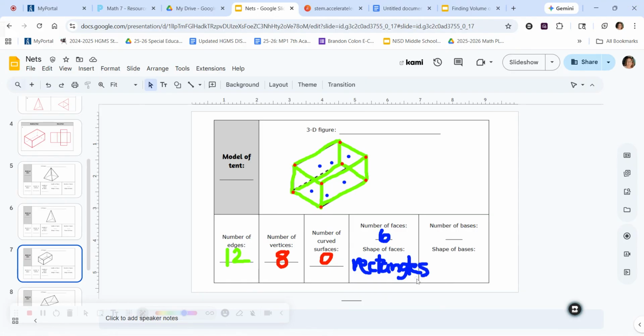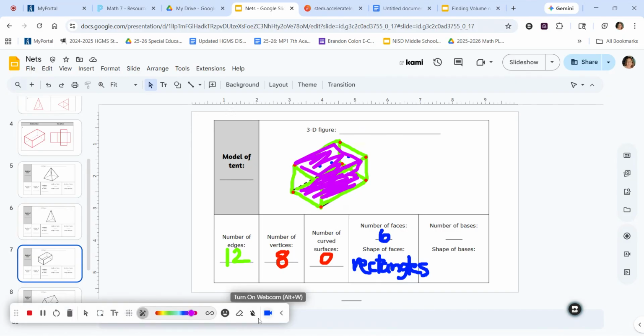Okay. So the number of bases. Remember, the base is the shape that it sits on. But in this case, the base is at the top and the bottom. That's opposite of each other.